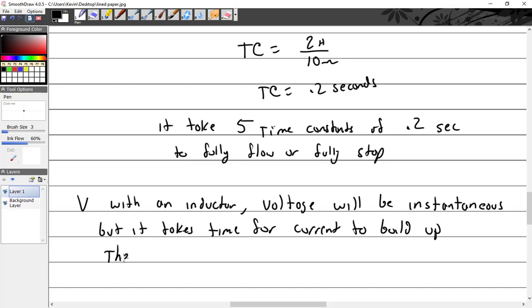Therefore, in an inductive circuit, the voltage leads the current.